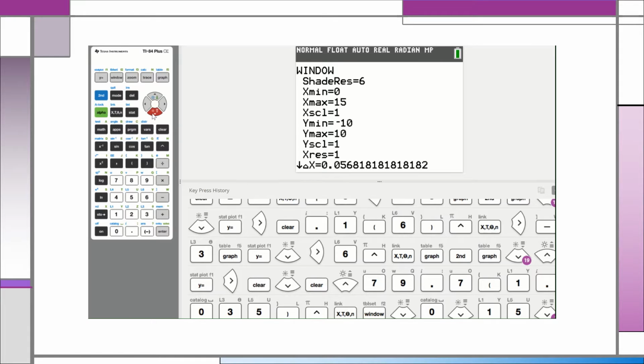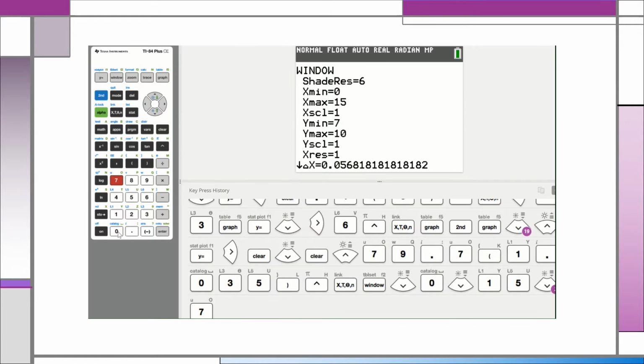Now, what about y minimum? Remember now we've got an initial amount of 79.7 billion. So I think maybe I better set y at least equal to 70. And I don't know, y max. I'm going to just arbitrarily, let's just double that amount. What do you think? We could go with 140.